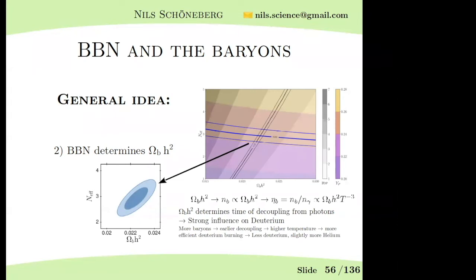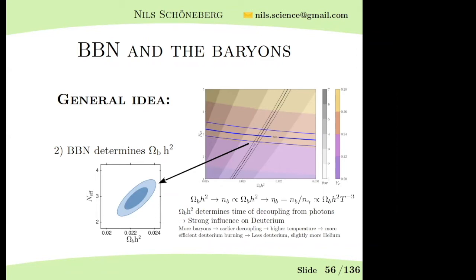So a small story about why omega b h squared actually matters for the helium abundance. Well, the number of baryons is of course proportional to omega b, so the ratio of baryons to photons depends on omega b times h squared. This basically determines the time of decoupling of the elements from the photons. This is not recombination, not the ionization, but the photodisintegration of the elements, but it has basically the same decoupling.